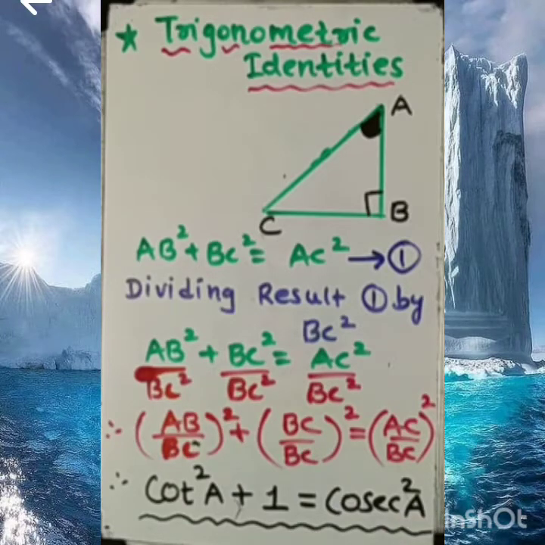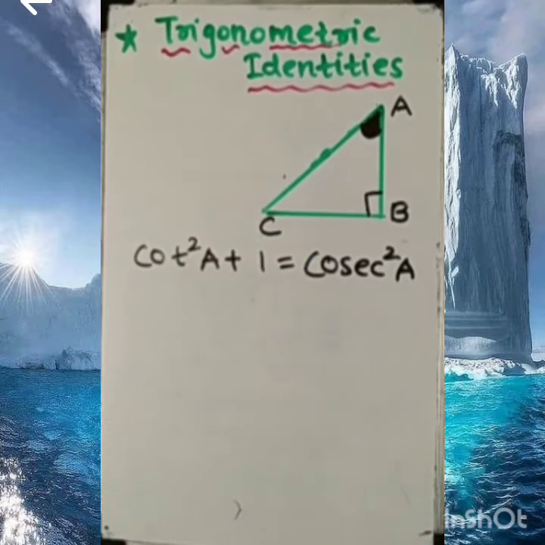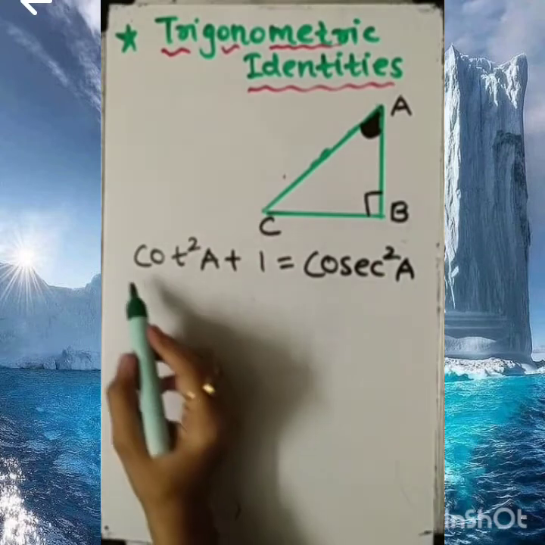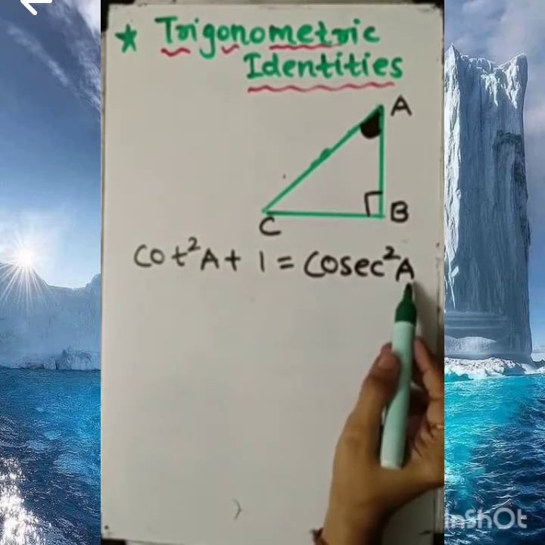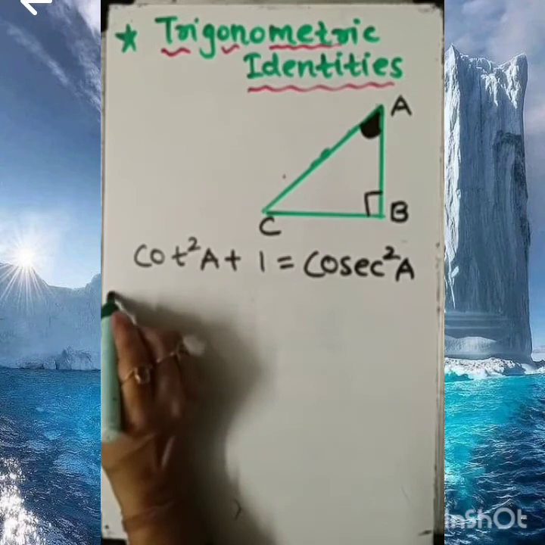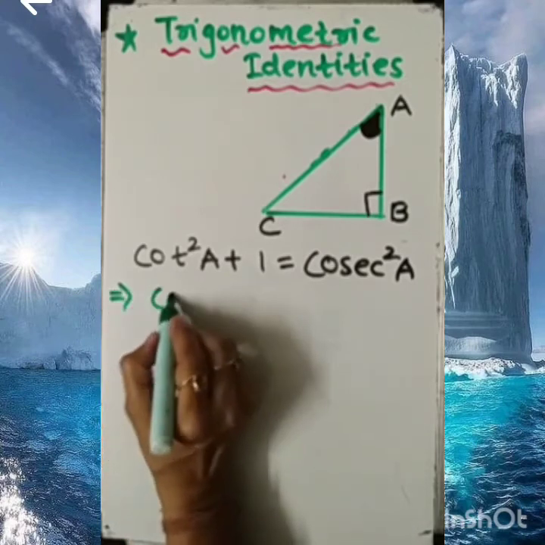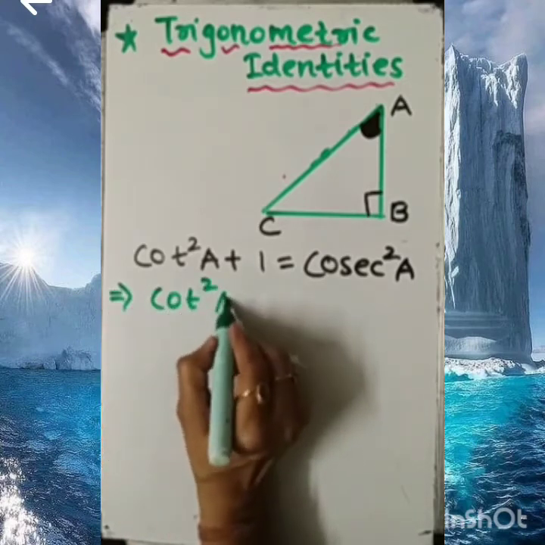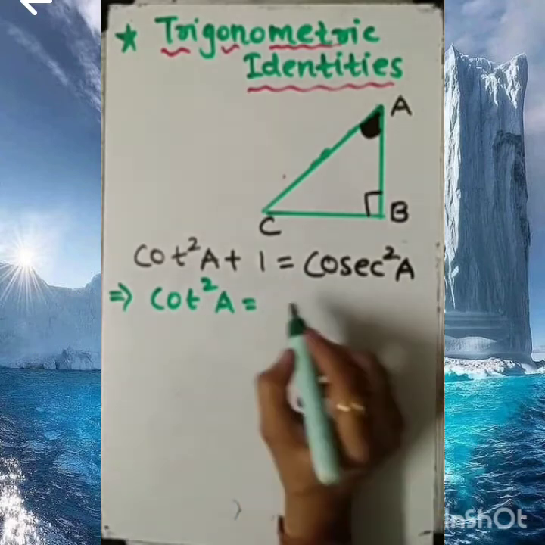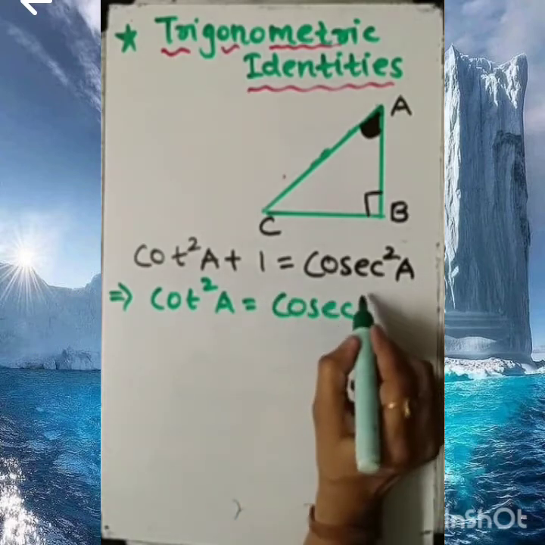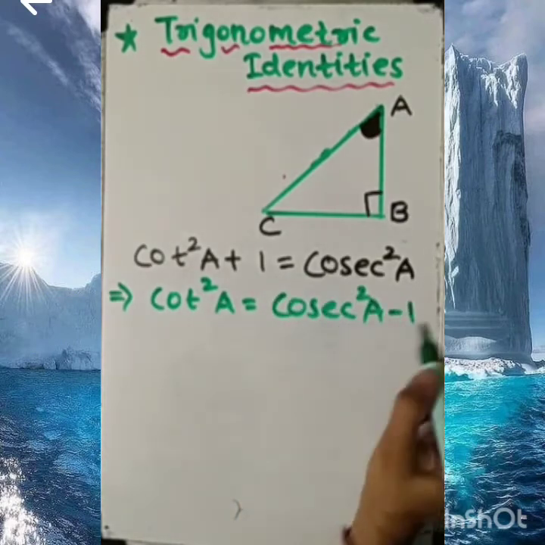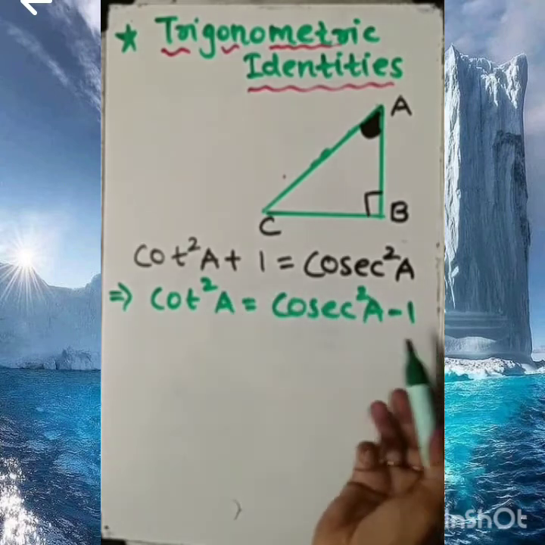Now we are deriving two results from this identity. Okay, let's see. So my dear student, this is the third identity on your screen. Now let's derive two results with that. If I am making cot square A the subject, then this 1 can be transposed to the right side. So it gives the result cosec square A minus 1.